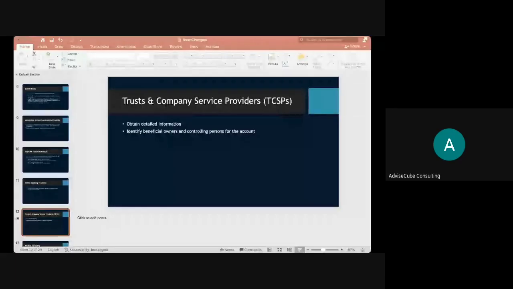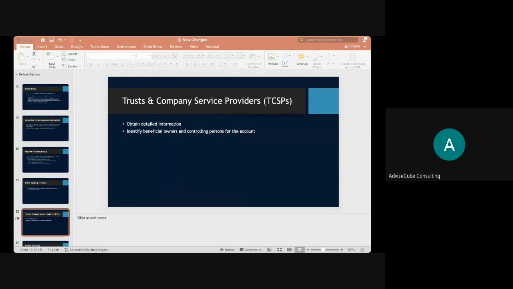One moment. Let me know. Can you see now? TCSPs, now we can see. Maybe the slideshow is the reason. Let's see if we still face this.